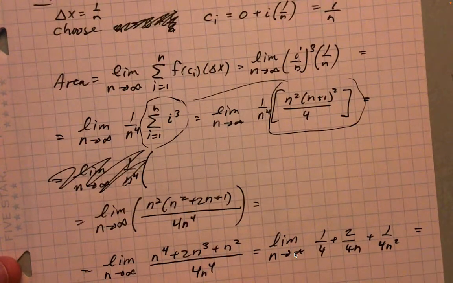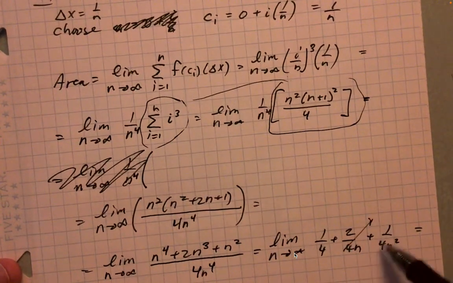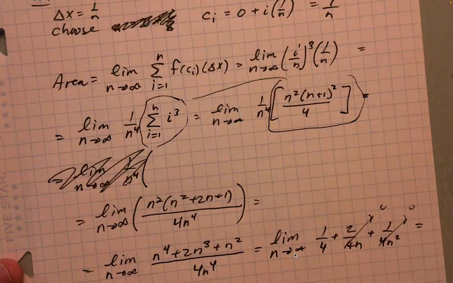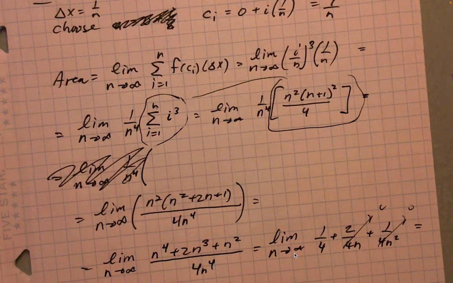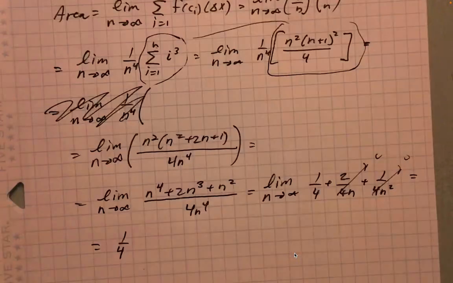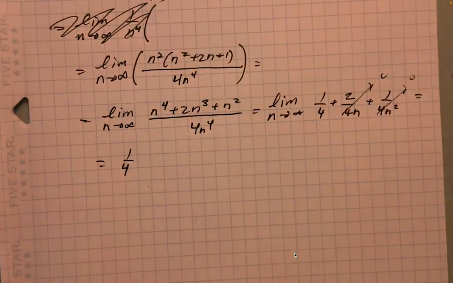And then, of course, we can see what happens here. That goes to 0, that goes to 0, and we get 1/4. Perfect. So the whole limit, this area, is equal to 1/4 precisely.